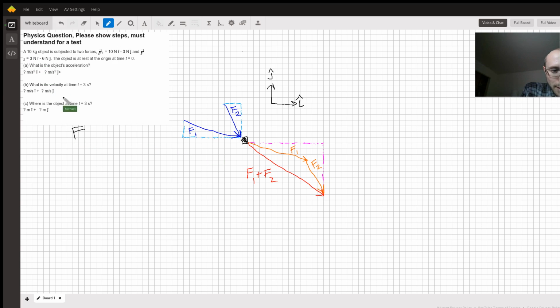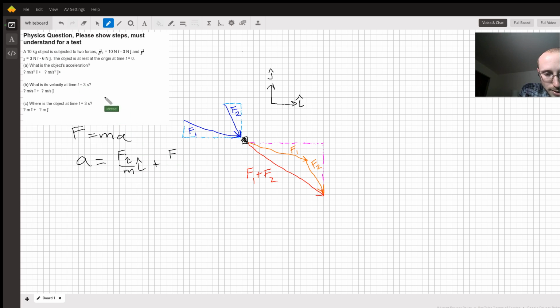So just to review a little bit briefly, right? Force is mass times acceleration. And so in this case, your acceleration in component form would just be your force in the i direction divided by the mass. We'd stick the i on there to denote the direction.